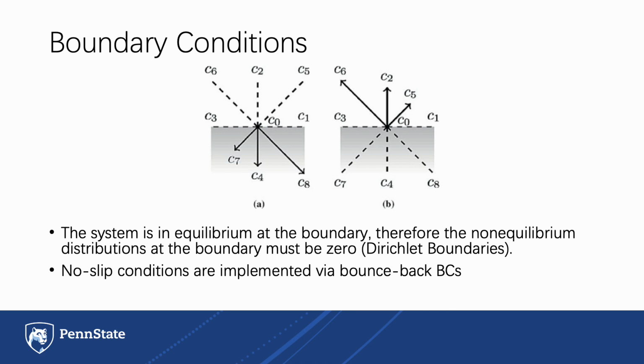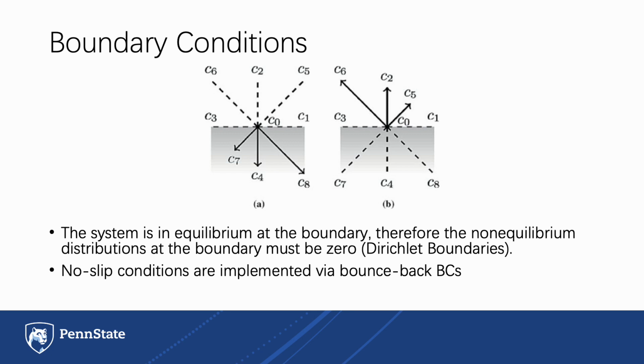The lattice Boltzmann method must account for the system interaction with the surroundings, and this is done by the boundary conditions. The system is at equilibrium at the boundary, therefore the non-equilibrium distribution at the boundary must be zero.